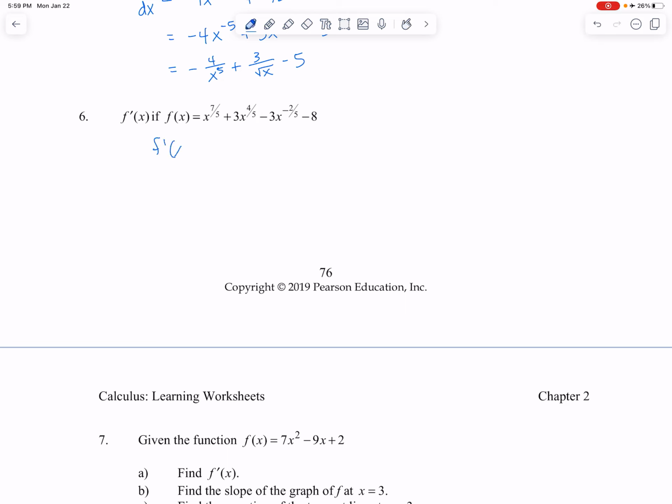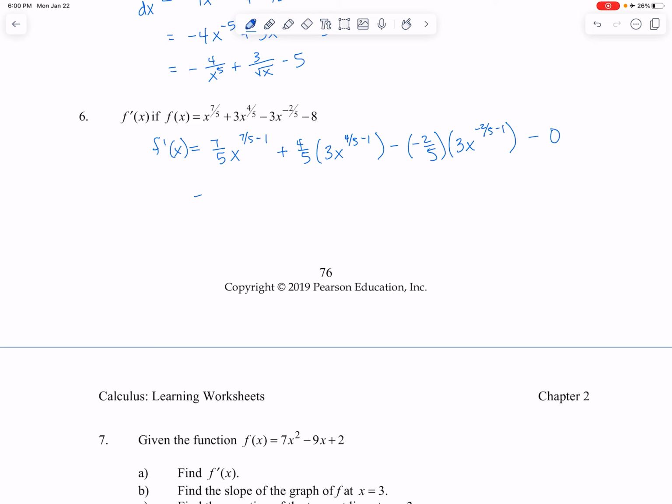F prime of x, bring the power down, 7 over 5, x to the 7/5 minus 1, plus 4/5 times 3x to the 4/5 minus 1, minus negative 2/5 times 3x to the negative 2/5 minus 1, minus derivative of 8, 0.